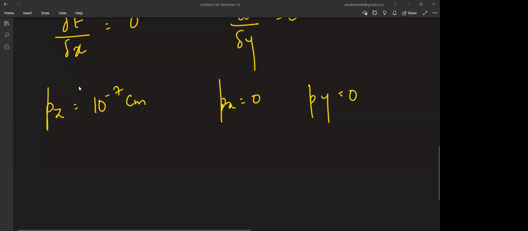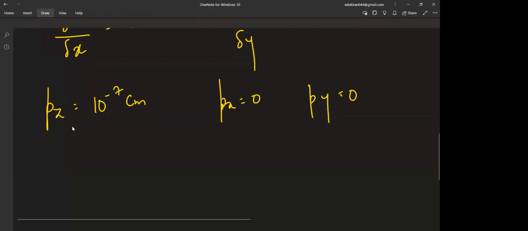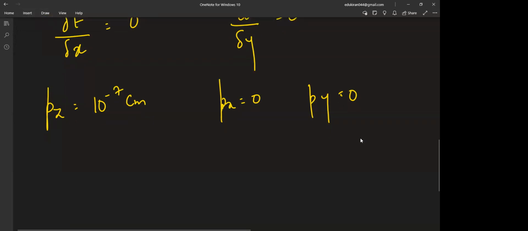Now class, one thing: when we are calculating the electric force on a dipole, how will we do it? When you are calculating the force on a dipole, F is equal to the rate of change of the electric field multiplied by the dipole moment, which has been covered.